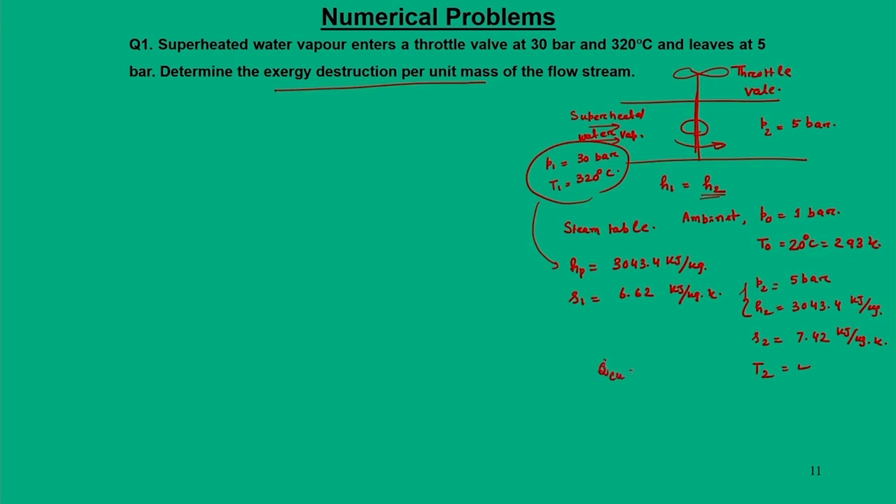So, you have all the information, then we have to recall, and of course here we can say Q dot CV is equal to 0 because there is no work transfer and no heat transfer, and no data is given about the flow velocity.